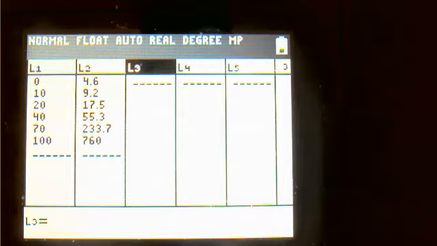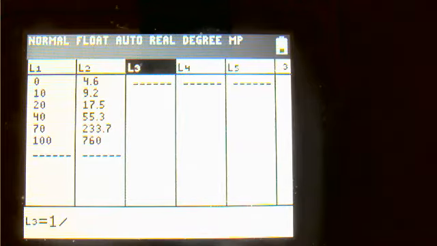I could do that in 2 different lists. I could make this list converting them to Kelvin, and I could make the next list doing the reciprocal. But I can also do it in just one step right here. There's more than one way to do a reciprocal, but 1 divided by is a simple way to do it. 1 divided by the temperatures, but they have to be converted to Kelvin. So what should I type now? 1 divided by L1 plus 273.15, in brackets.